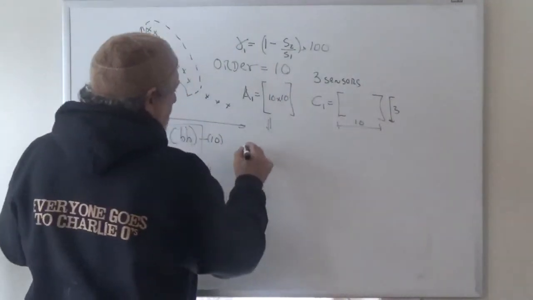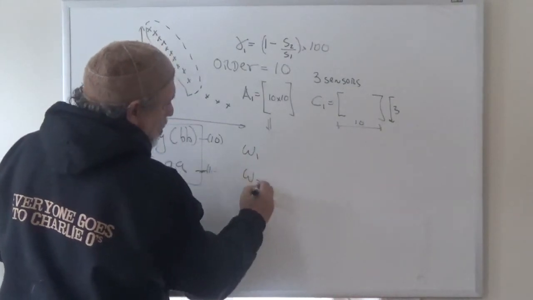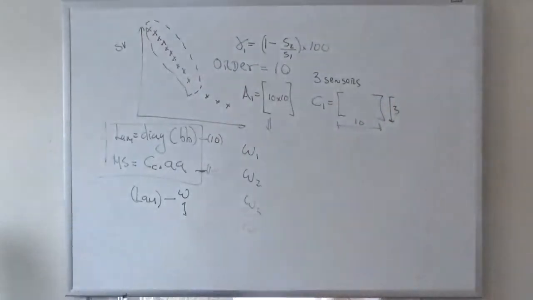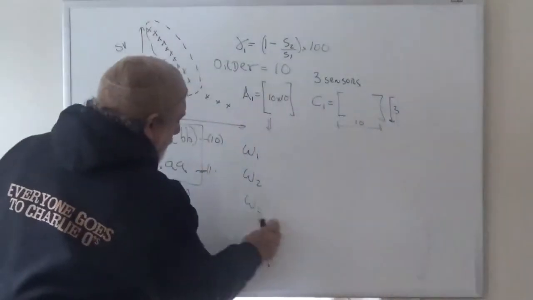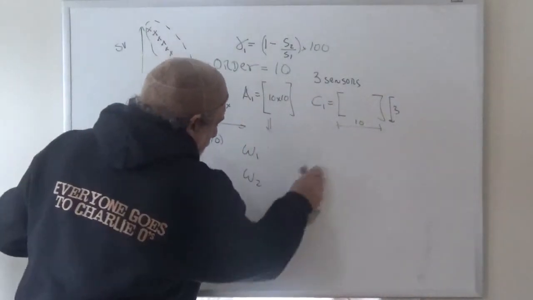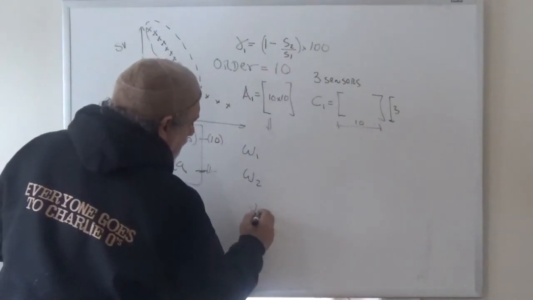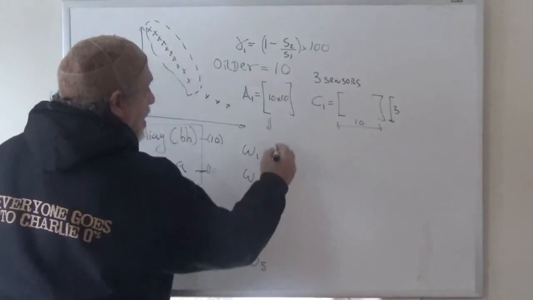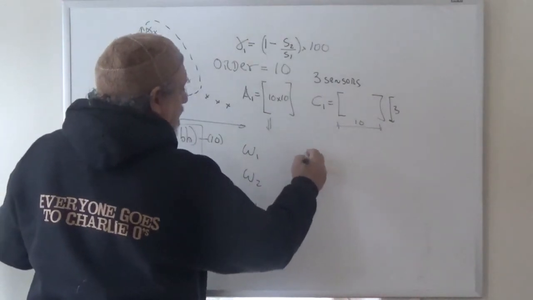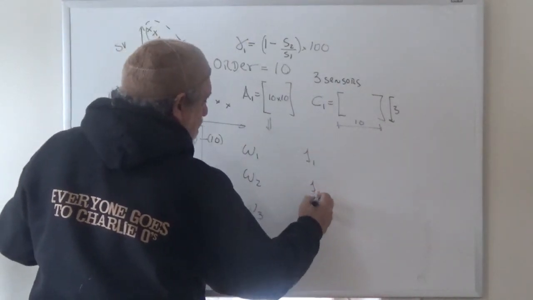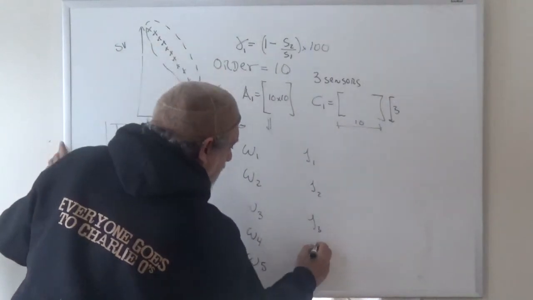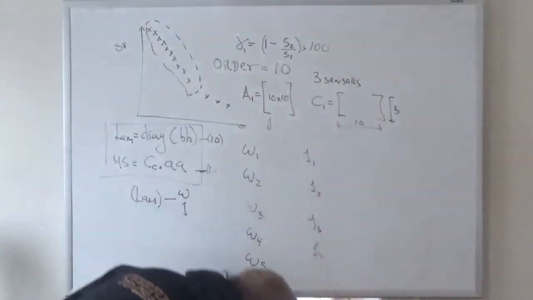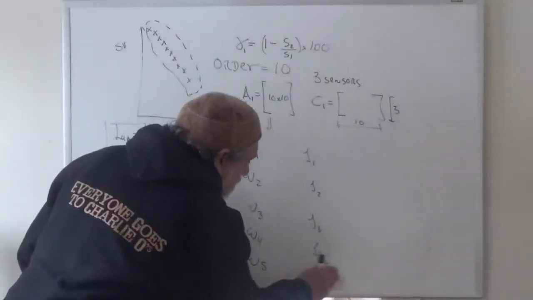So as I said, I have omega 1, omega 2, omega 3, omega 4, omega 5. We have psi 1, damping 2, damping 3, damping 4, damping 5.